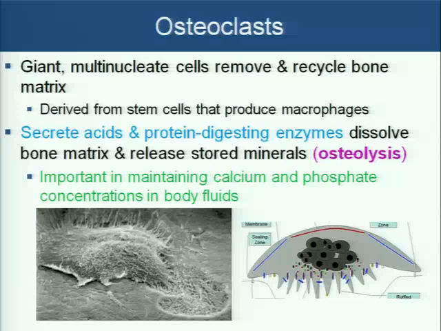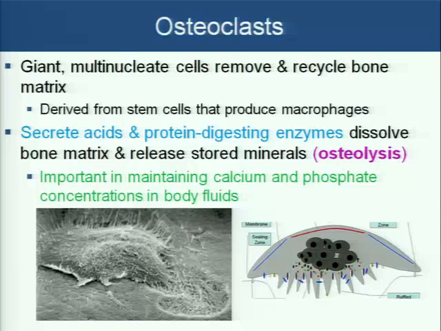Okay, and that sounds like it could be a bad thing, but it's the constant cycle of your body, right? You build it up, you break it down. You build it up, you're going to break it down. Okay, why would they do this? This process of breaking it down, we call this osteolysis. Lysis means to break apart, breaking apart bone. The reason for that is you have to have a certain concentration of calcium and these different salts in your blood and in your interstitial fluid.